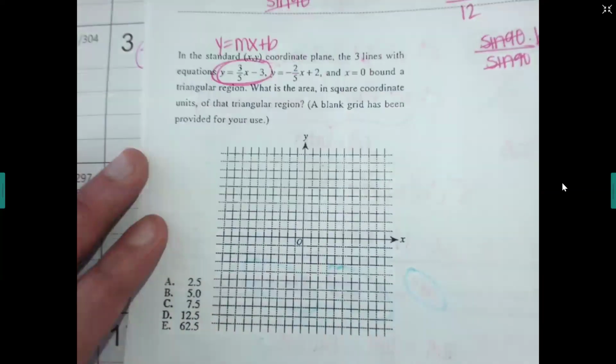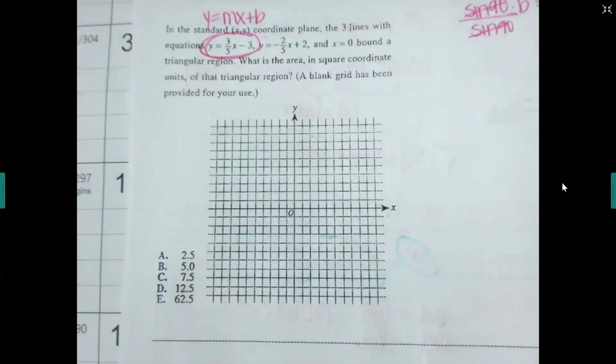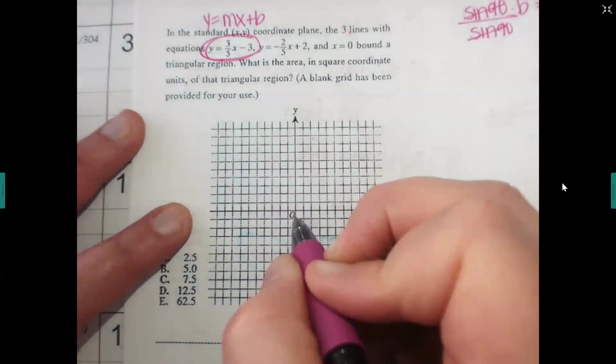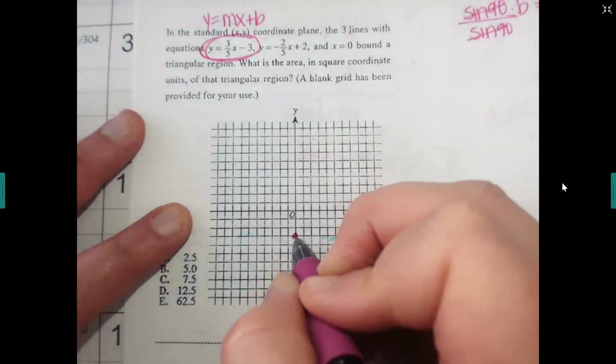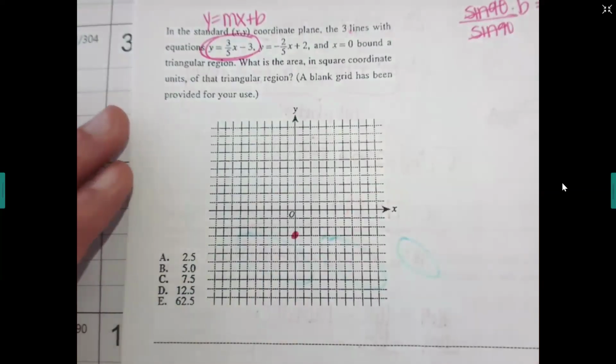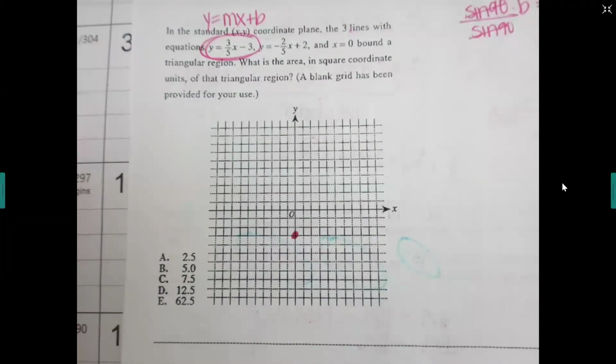So remember, it's y equals mx plus b. B stands for my y-intercept. Where am I gonna start on the y-axis for the b? What number? -3. So I'm gonna go down 1, 2, 3, put a dot. Then m is my slope or my rise over run.